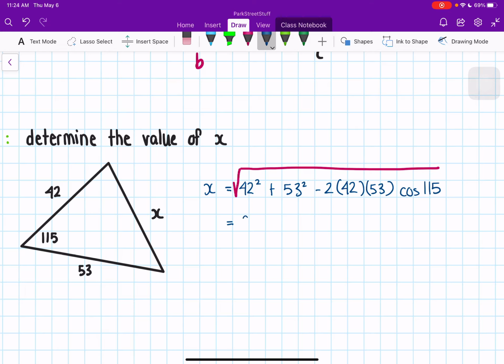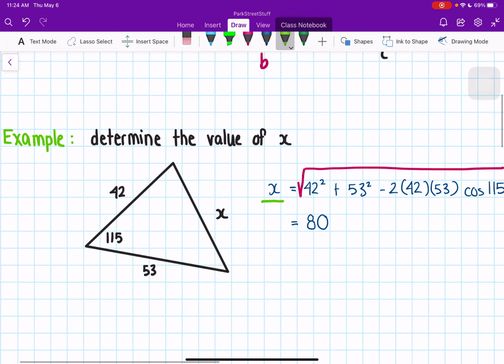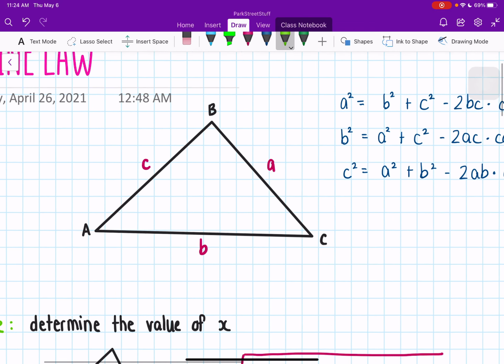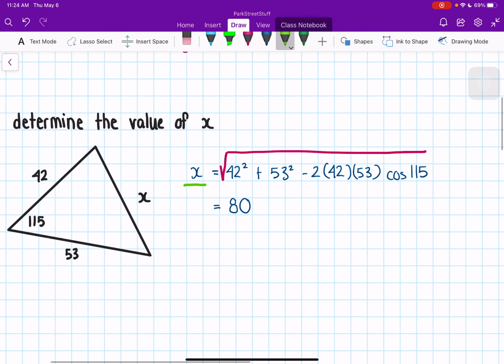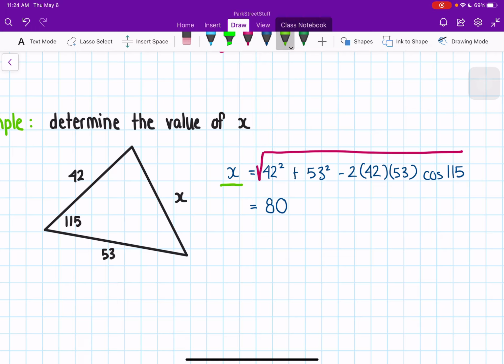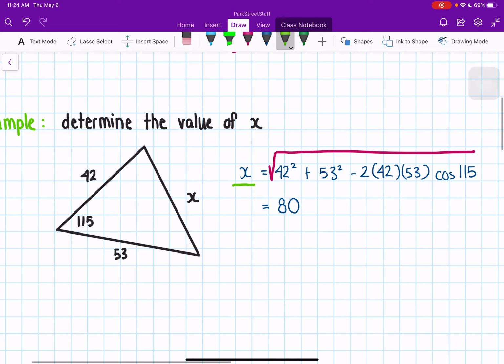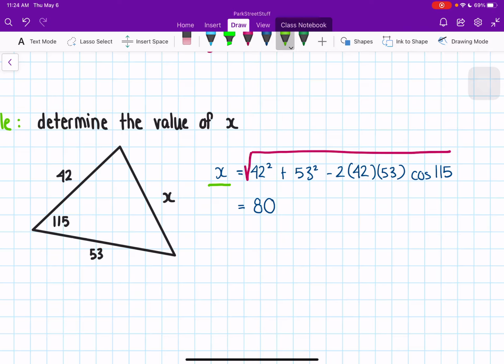So this gives us 80. So x is 80. And using that square root sign means that I don't have to have the exponent 2 up there. Okay, so even though the law is written out with the squares, when we're solving for a length, we don't really want the square of the length. We just want the length itself, and our calculators can just give that to us right away.